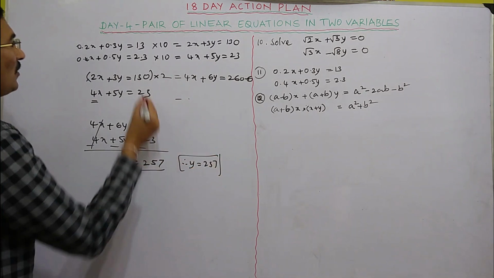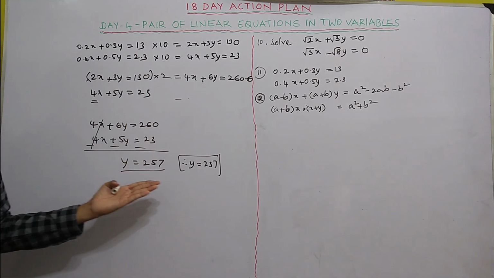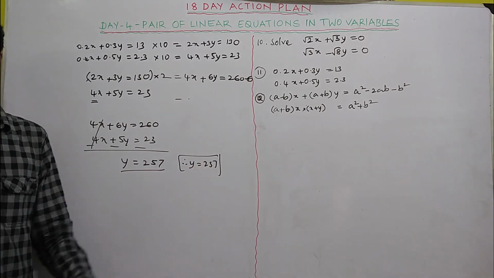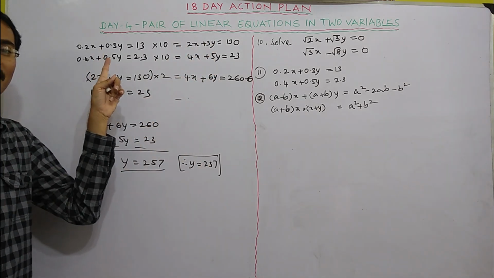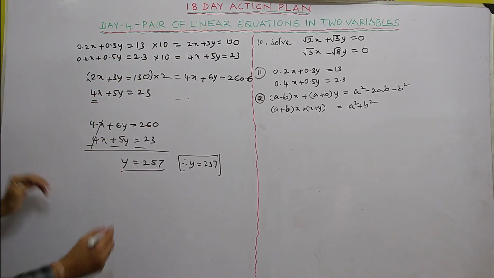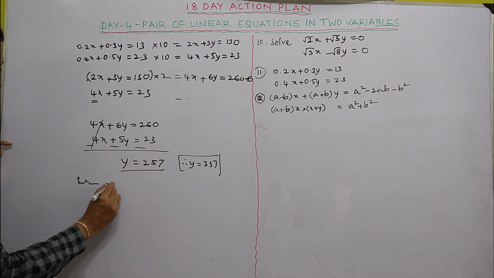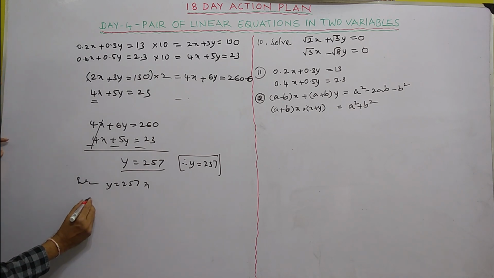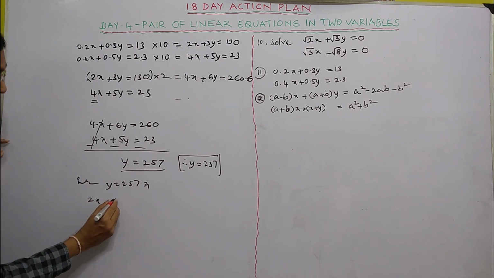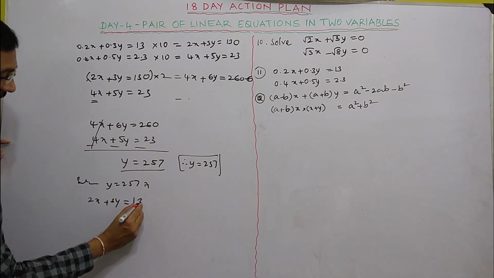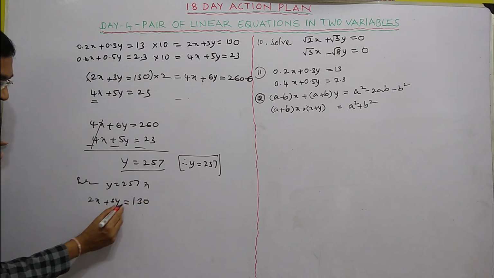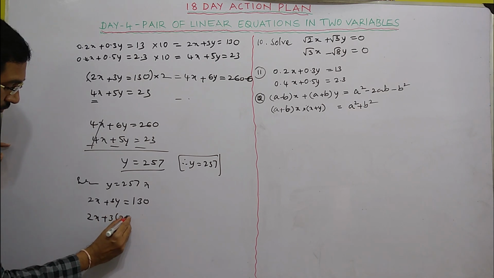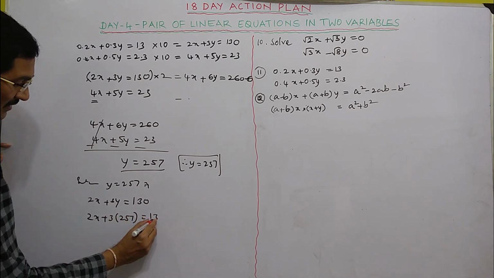If you substitute this value in any of them, you will get the value of x. But should you substitute here or here? You can substitute anywhere. But let us take this one, because the other is again confusing. So substituting y is equal to 3 in equation number 1. So the equation says 2x plus 3y is equal to 13. So in place of y, let us substitute 3. So 2x plus 3 into 3 is equal to 13.